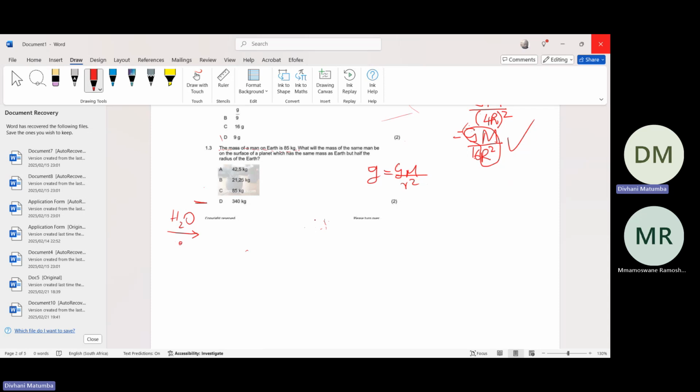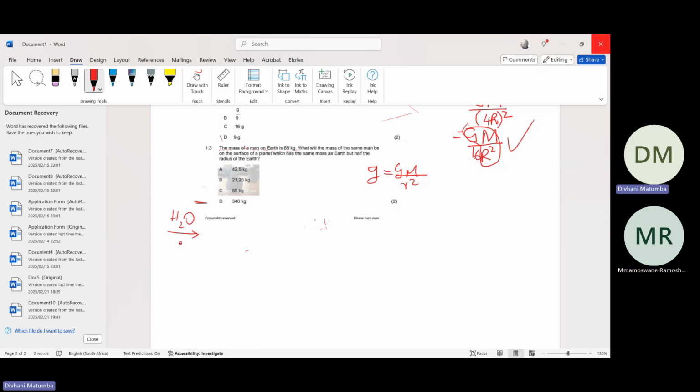The mass won't change. What is the definition of mass? Or let's say matter. What is matter? I don't know what matter is, but I know what mass is. Matter is everything that occupies the universe and has mass. Okay. And what is the definition of mass? Mass is the amount of matter in an object. Yes.